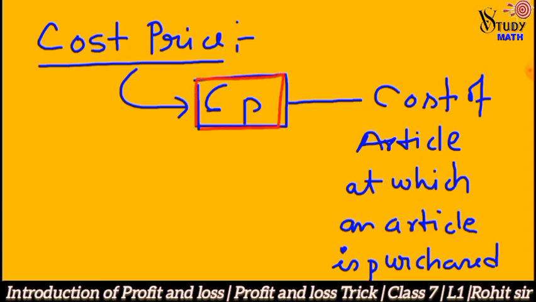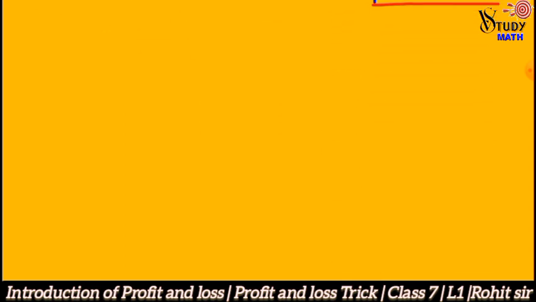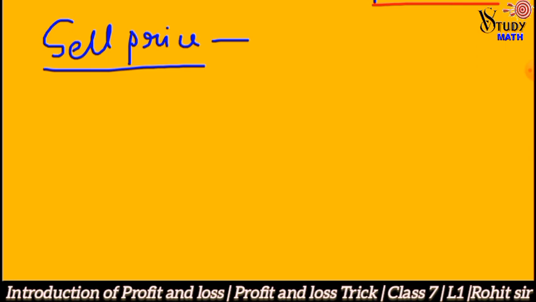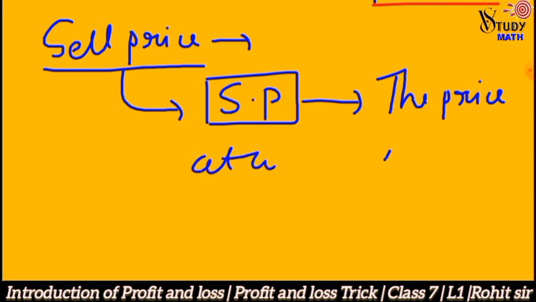price of that article. Now the next thing we have to know is what is SP or selling price. Selling price can be denoted as SP, and it is the price at which an article is sold.